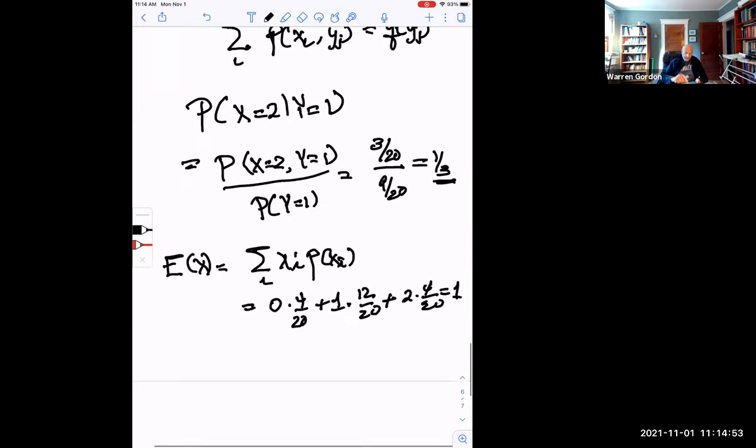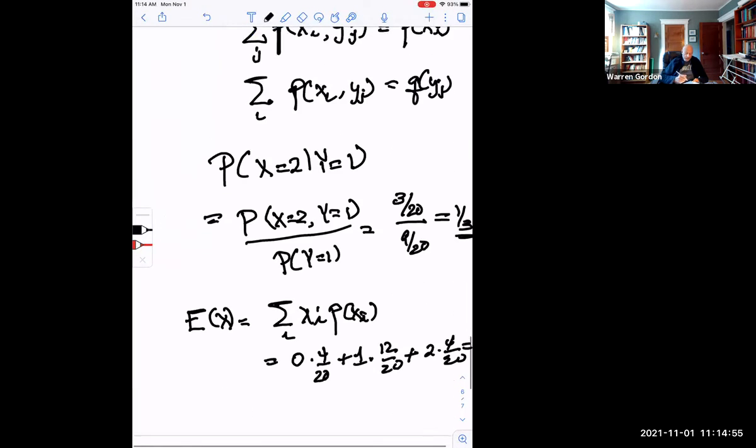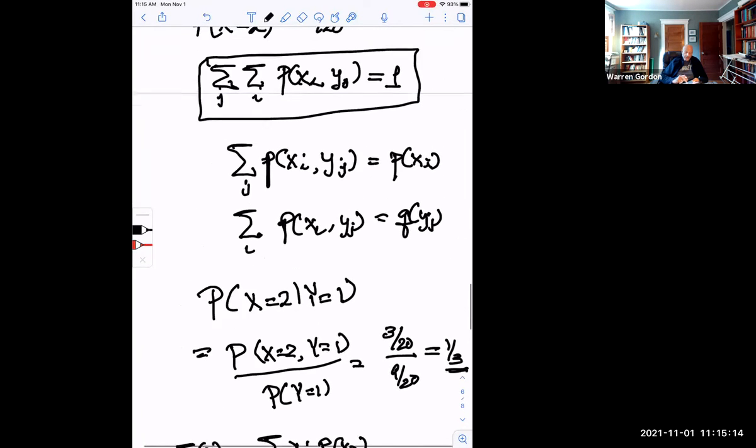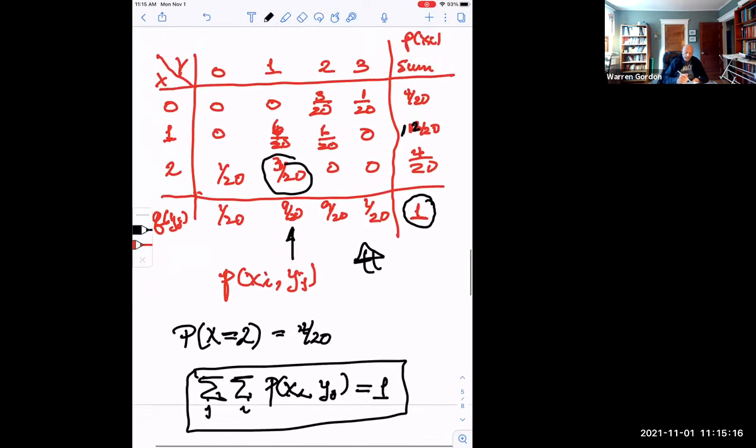Okay. Similarly, I can find E of y the same way. Well, I call it Q, I think. And what would that be? That would just be the product of the y's times the probability.